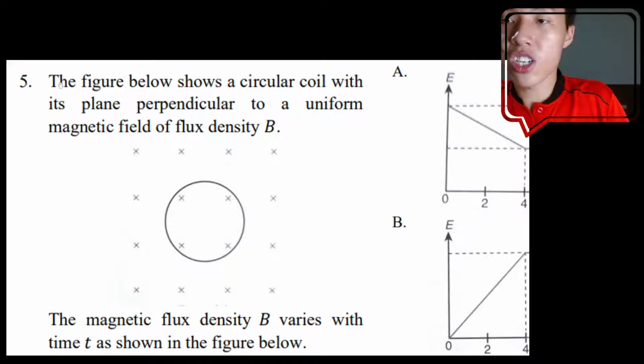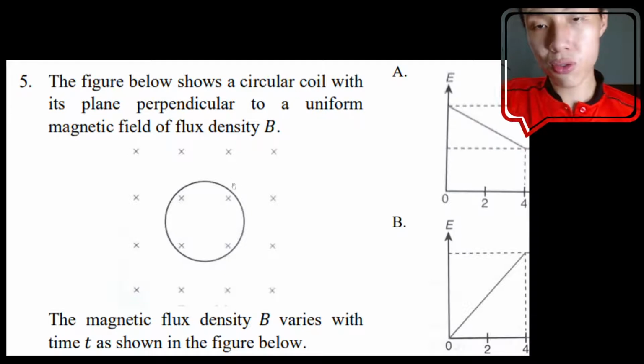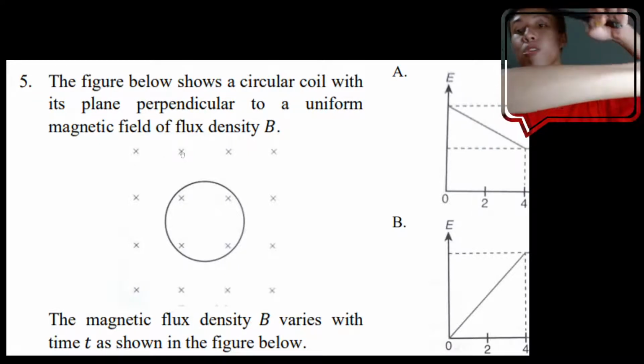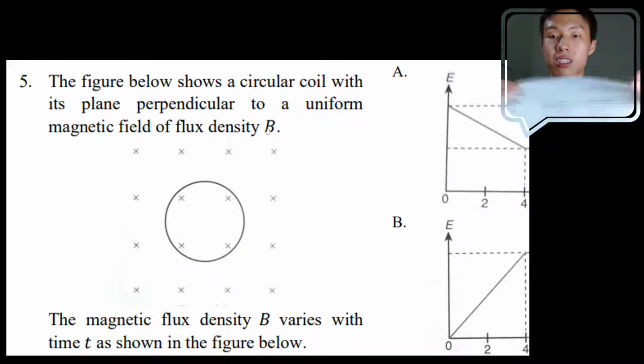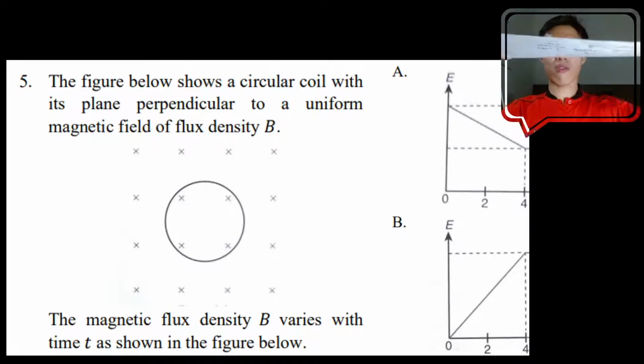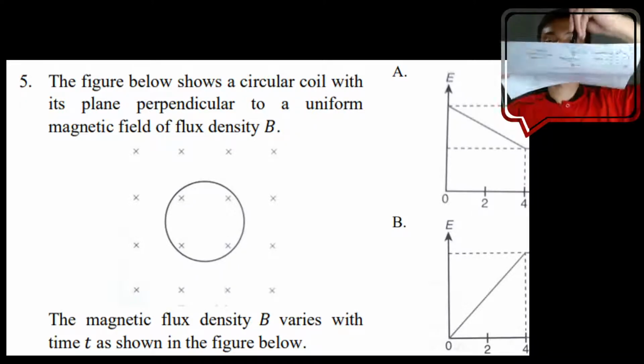So you can change the sentence to: the figure below shows a circular coil with its plane perpendicular to a uniform magnetic field of strength B. These crosses here are the magnetic field, and this circular coil has a plane which is on the plane of the screen, and your magnetic field is pointing into the page, so it's perpendicular. The plane is like this, your magnetic field is pointing into the page, so it's 90 degrees.